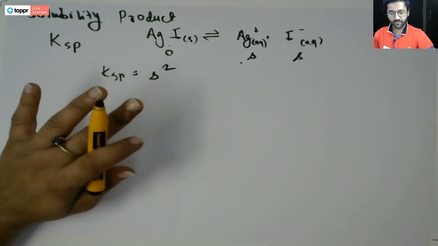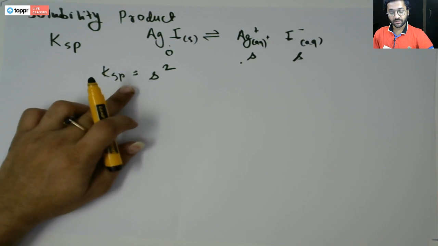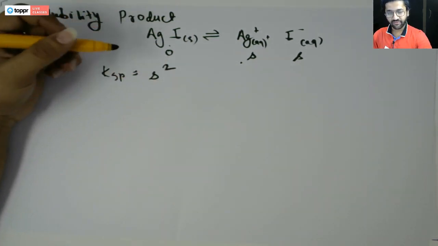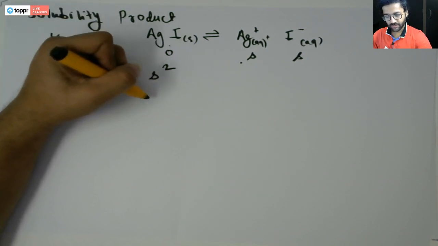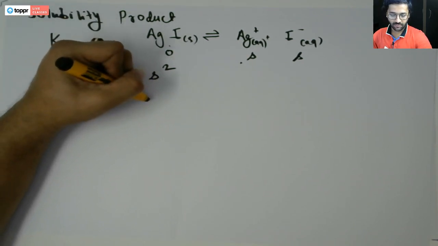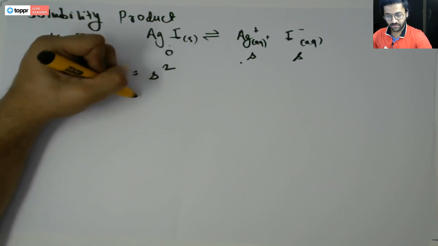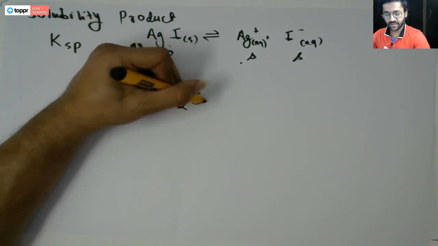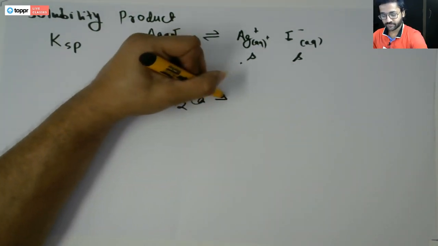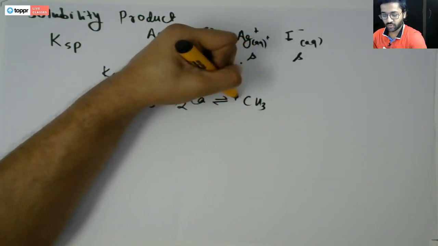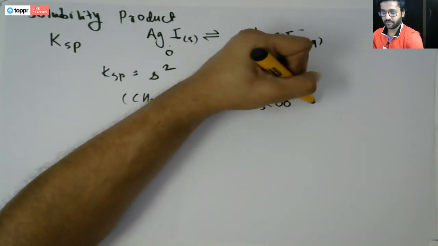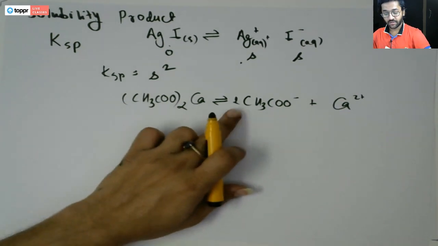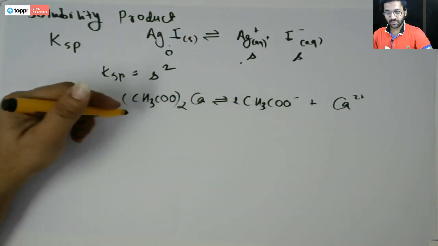Alright, if more terms are involved, let's say we have another salt like (CH3COO) whole twice Ca. Now this is dissolved in water. It gives 2CH3COO minus plus Ca2 plus. Now when this is dissolved, what happens to solubility?